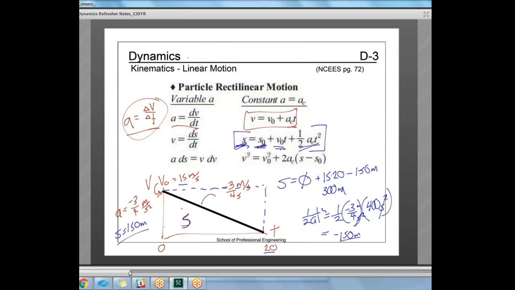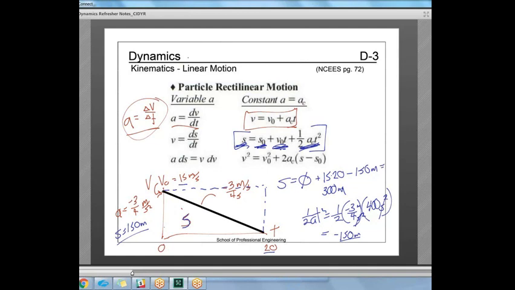So what does negative 150 meters tell us? Well, overall, what this equation is saying to us is S equals S naught plus V naught T plus 1/2 AT squared, which means your position is where you started plus how far you would go if there were no acceleration, plus or minus how much extra area you covered because of acceleration, or how much area you didn't cover due to deceleration.